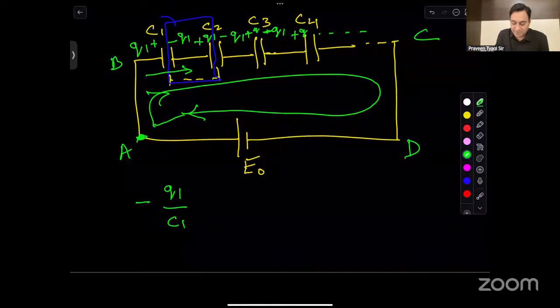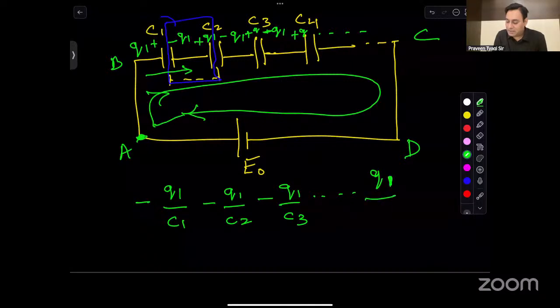Similarly, minus Q1 by C2, minus Q1 by C3, minus Q1 by Cn. And then I reach the battery, and for the battery I'll write plus E naught is equal to 0.